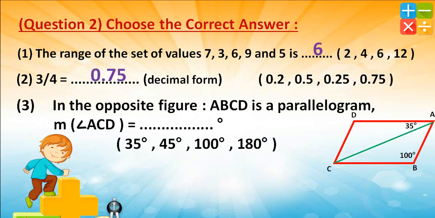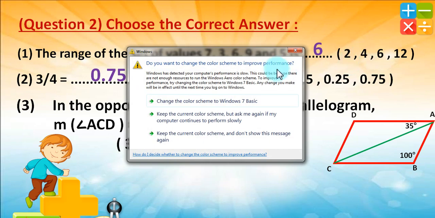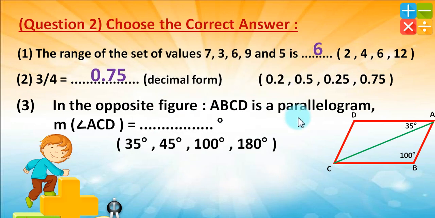In the opposite figure, ABCD is a parallelogram. The measure of angle ACD equals, pay attention, here we have angle B, its measure is 100 degrees. What about angle D? Well done, it's the same.